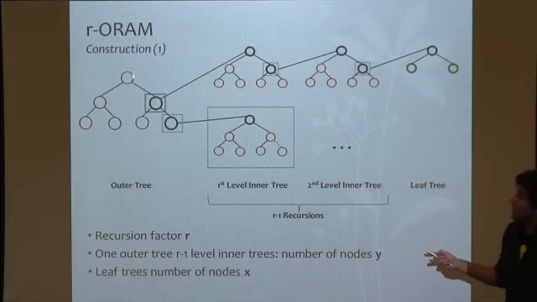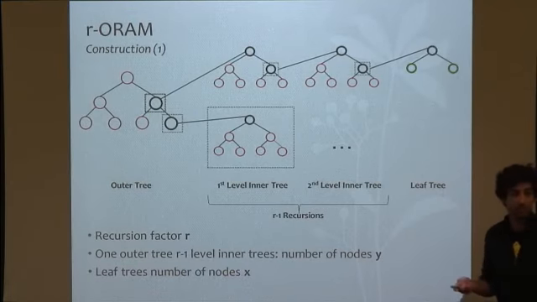When we have y leaves, we have log y, r times, so r log y, and x at the end, which is log x. And the best case is when you are accessing in every recursion just the first level, which is r, plus log x. So honestly speaking, we can make these smaller than log n.